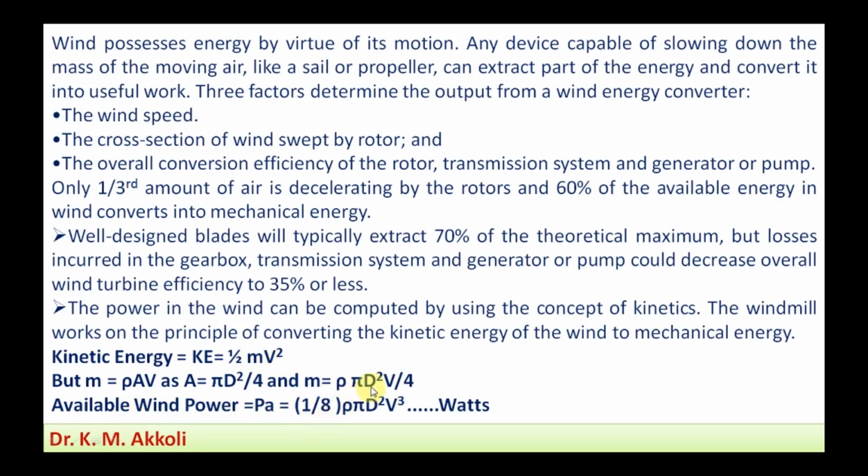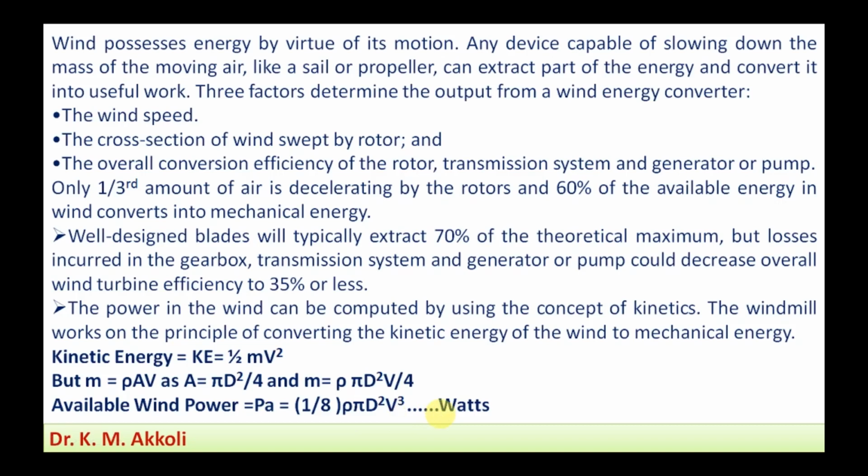Then rho pi d squared, V and V squared become V cubed. The power from the wind is 1/8 rho pi d squared V cubed. It is directly proportional to the square of the diameter and the cube of the velocity. That is the available wind energy.